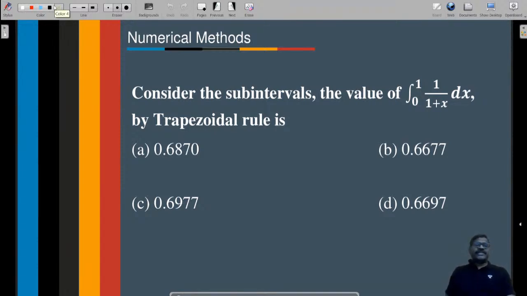To implement trapezoidal rule, you can take any number of subintervals. Okay? 0 to 1 means you can take step size h equal to 0.1, or step size h is equal to 0.2, or whatever way you can take. N number of subintervals is not mentioned. That's why I am taking 0, 0.5 and 1.